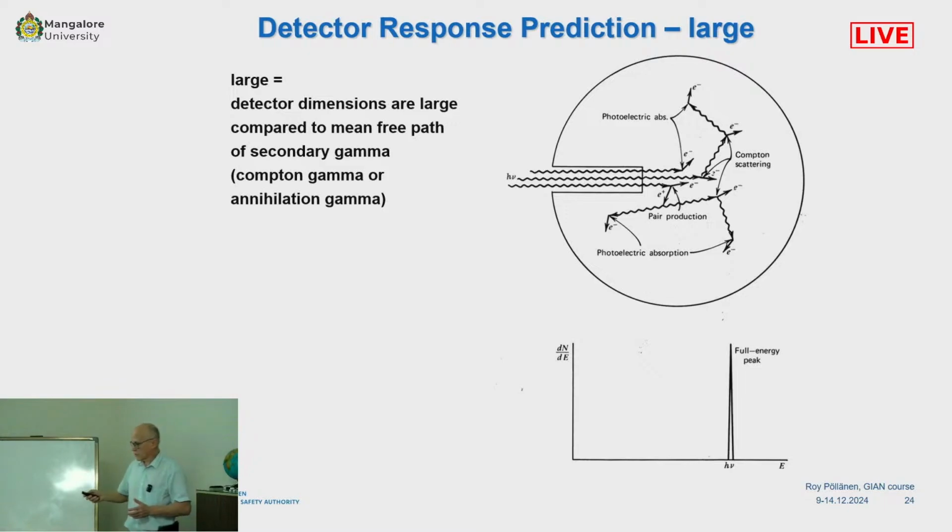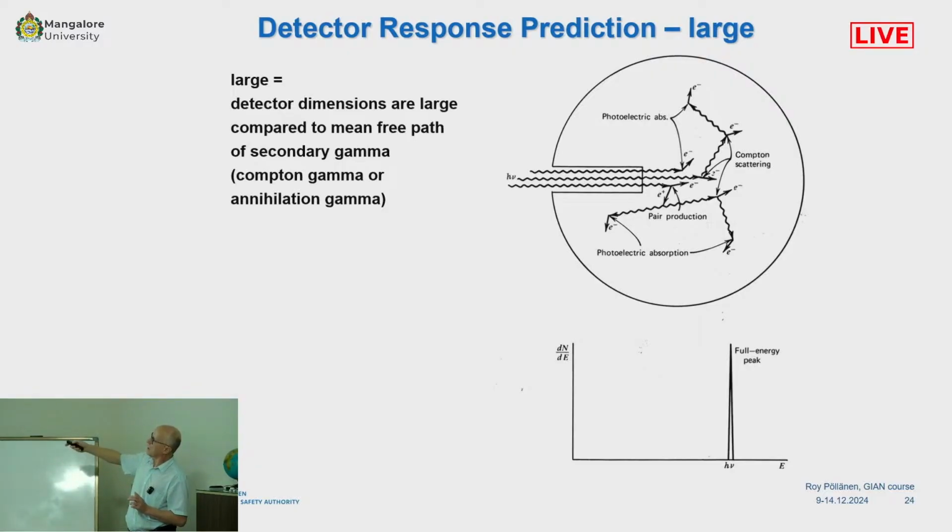So let's assume that we have a very big detector, like this one. And let's assume that now in this picture I'm not considering the surface effects. That's why there is this hole. And photons are coming this way. So the detector is very big.